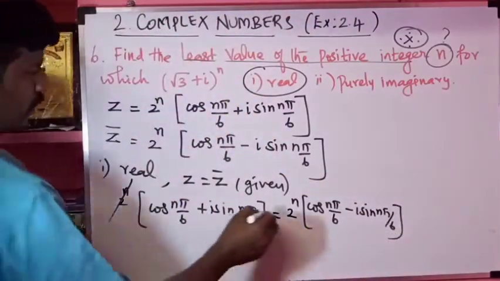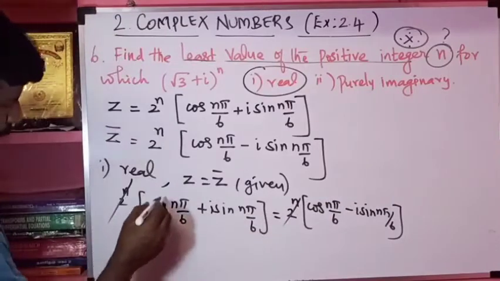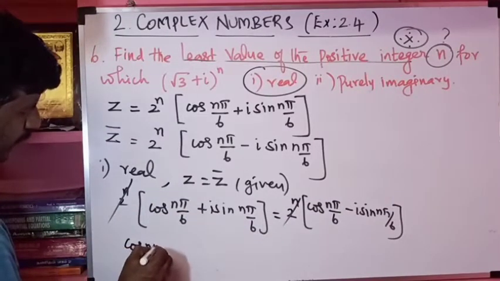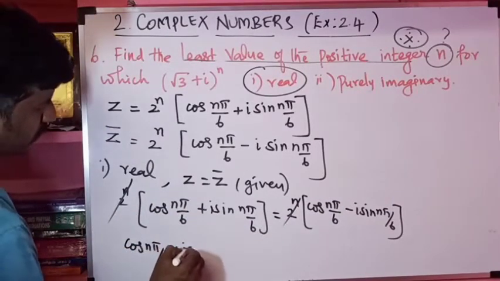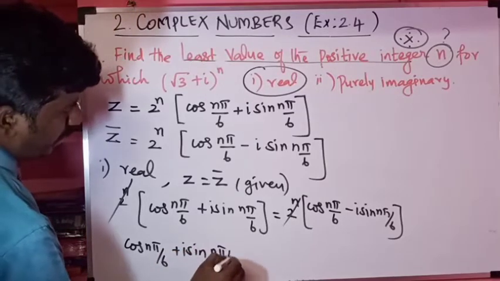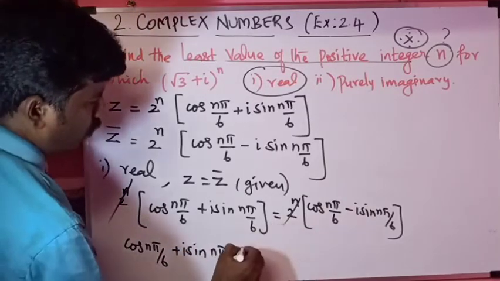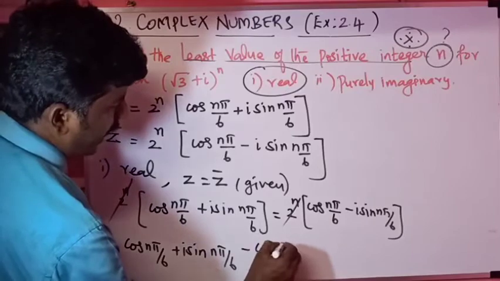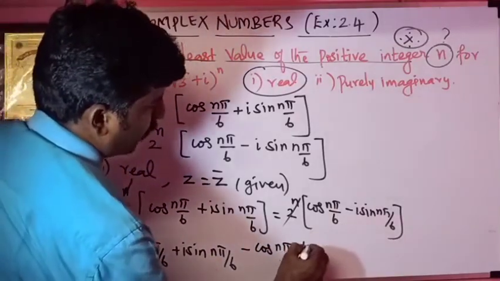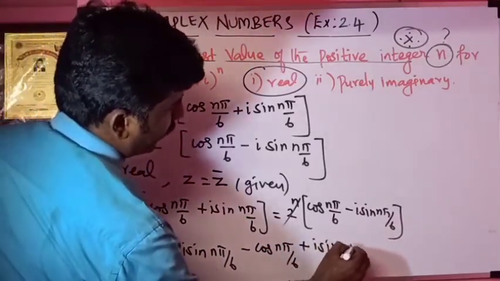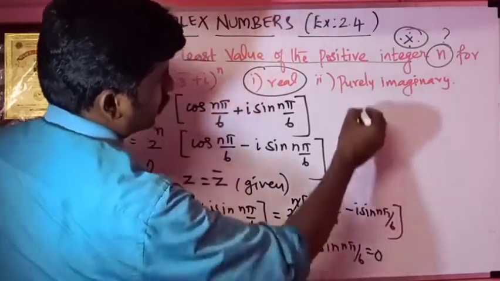Now 2 power n cancels. We write cos n pi by 6 plus i sin n pi by 6, bring this across, minus cos n pi by 6 plus i sin n pi by 6, equal to 0.